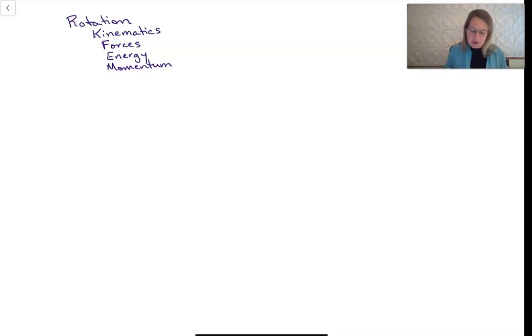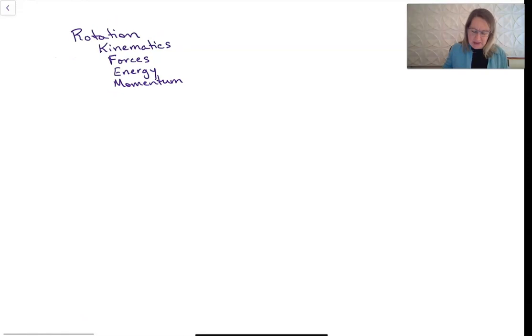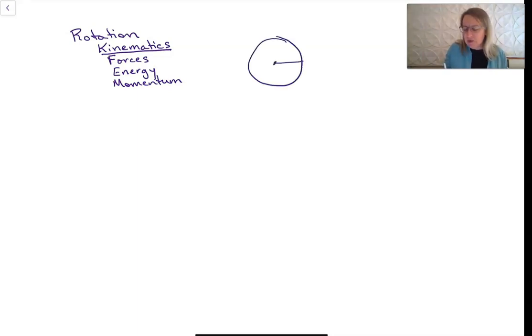So we're going to start with kinematics, and in particular, we're going to define our variables. When we think about something going around in a circle, we're really going to start with something where the axis is fixed, so a stationary bicycle wheel, a clock hand, something like that.